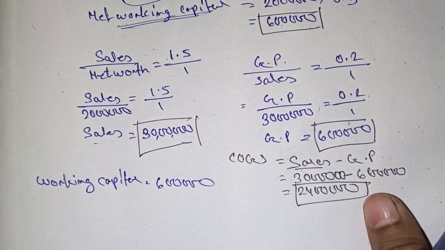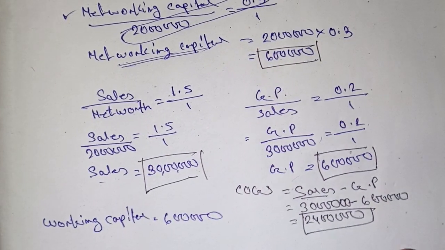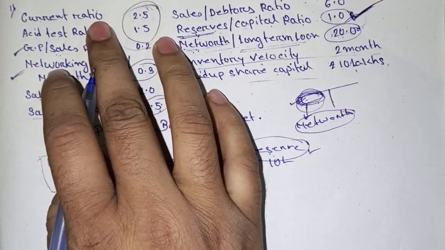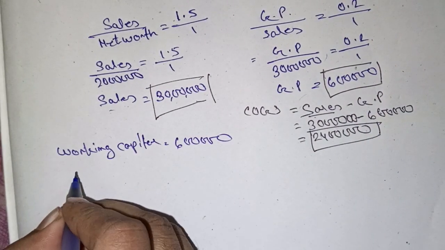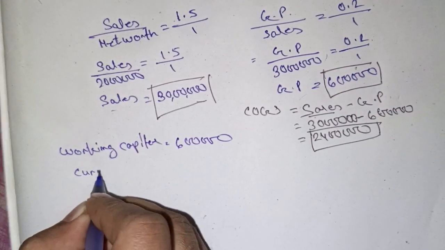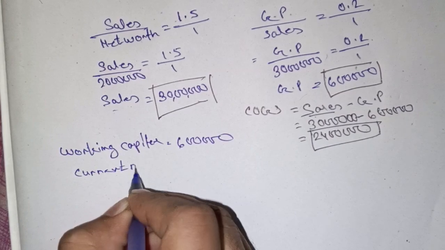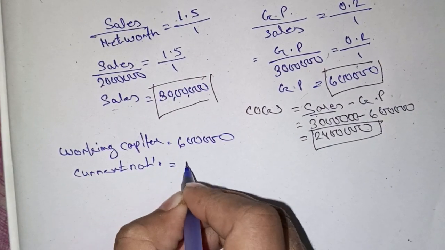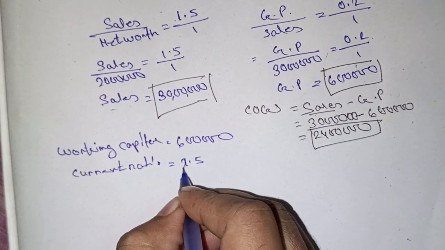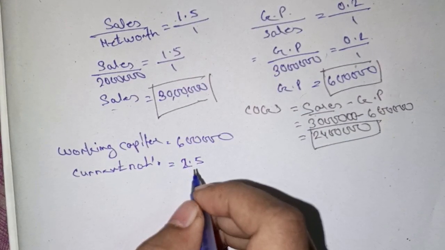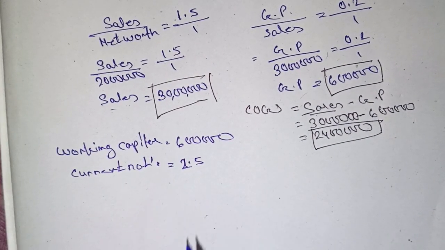Now on the basis of working capital, we have to find our current ratio. Write it here, current ratio equal to 2.5. So what is the meaning of current ratio?